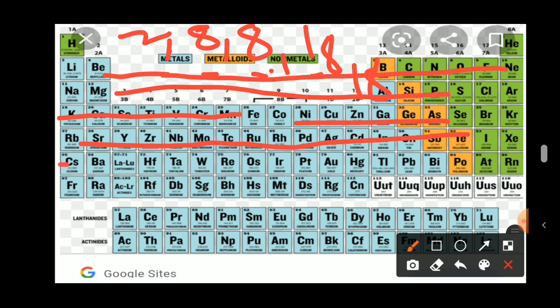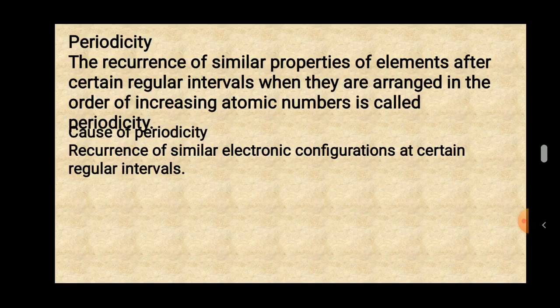Now the sixth period. See here, after this continuation, it is from the lanthanide series. The sixth period is a very long period. It contains 32 elements. And the seventh period is an incomplete period.